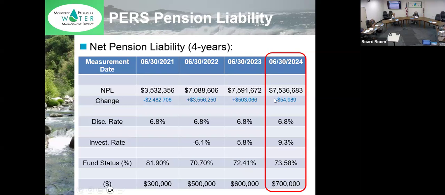And then CalPERS again had an investment return of 5.8, which is less than the discount rate, so our liability bumped a little more. In the latest year, CalPERS had a really good year, and our liability has gone down by a little bit. And someone may think, well, the liability could have gone down more. Why didn't it do that? And that's because whenever there's an increase, it's recovering some of the lost ground from prior years.